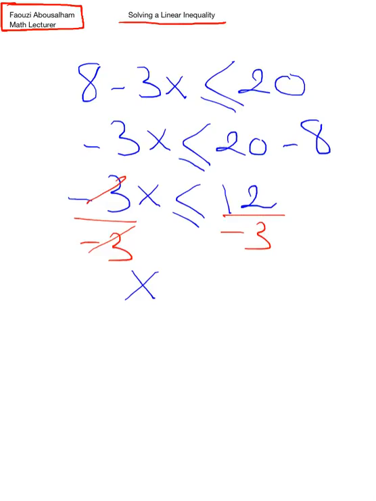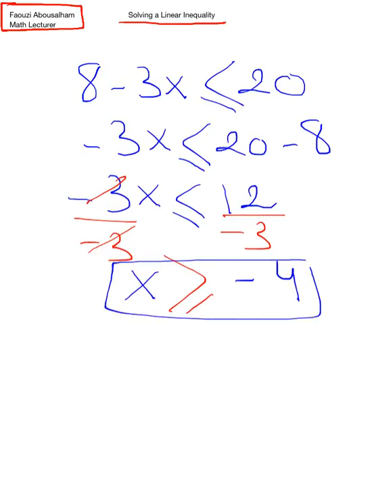Instead of less than or equal to, that will be x is more than or equal to 12 over negative 3. Now positive over negative is negative, and 12 over negative 3 will be negative 4. Okay, and that's the answer.